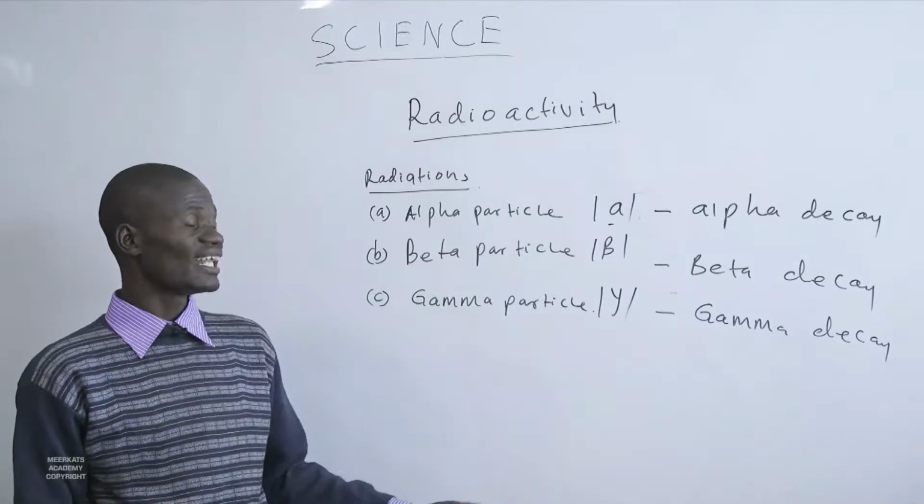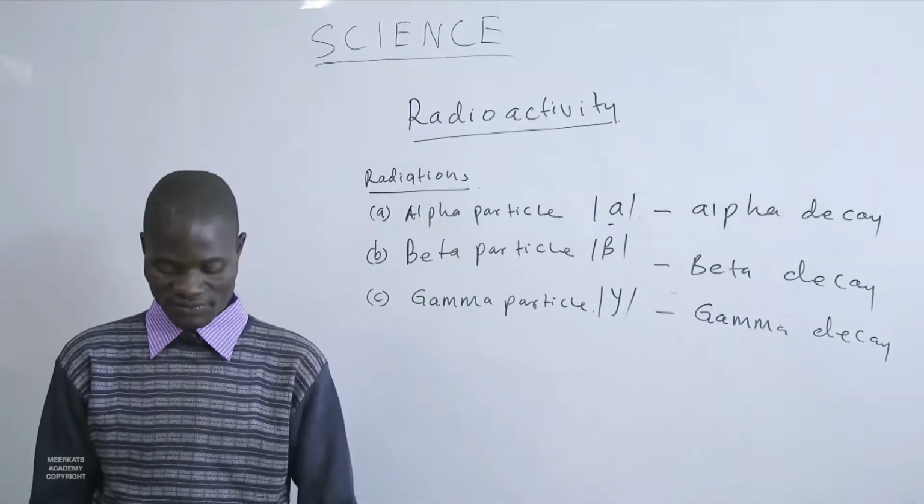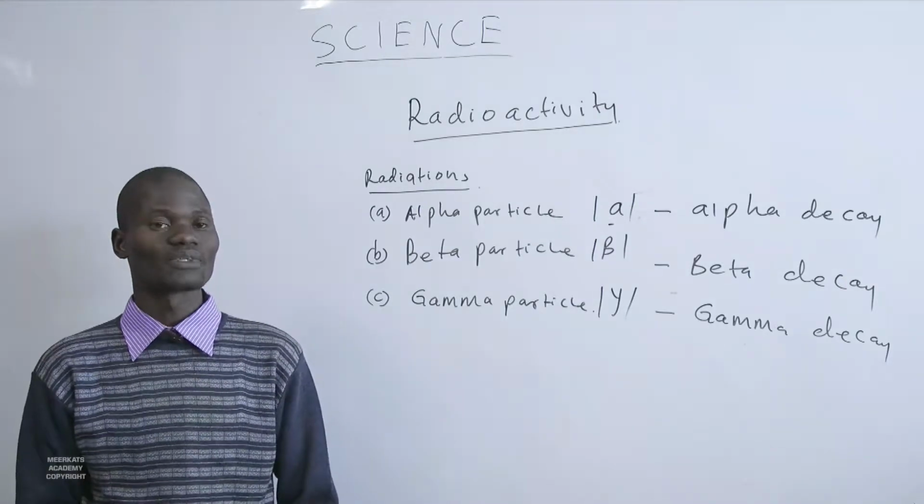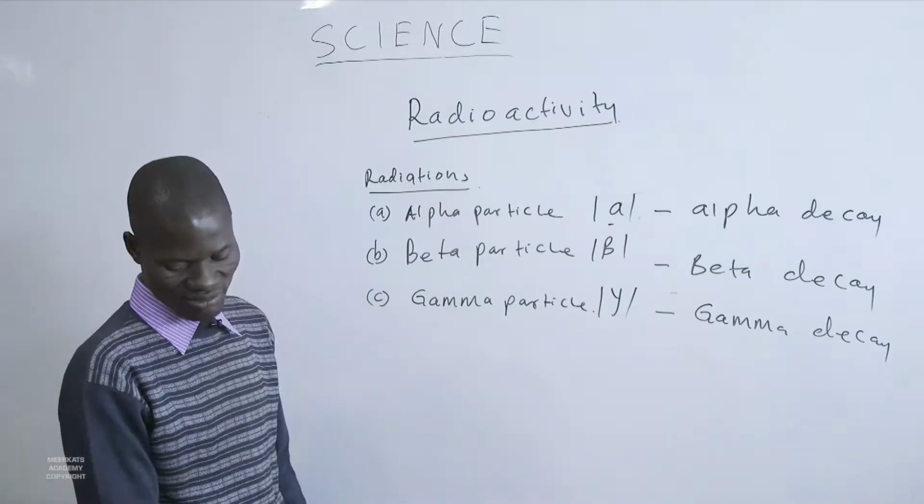Therefore, we learn that radioactive decay is actually random. It happens in a random manner.